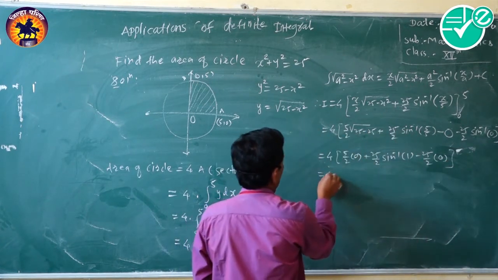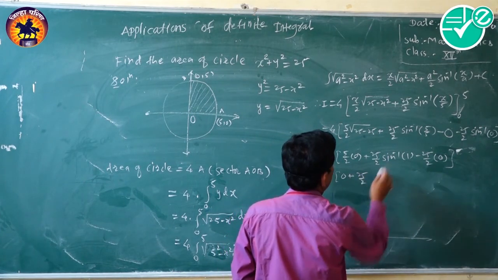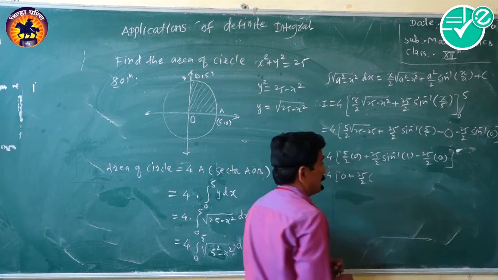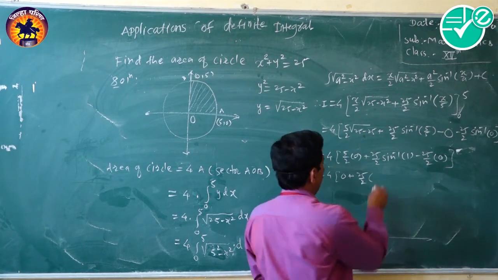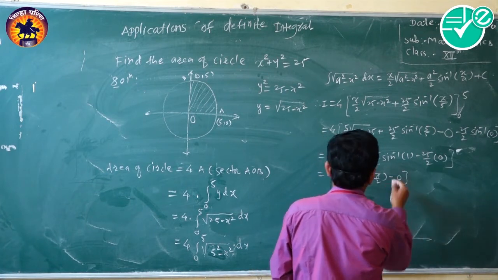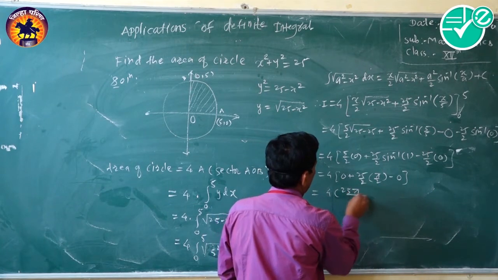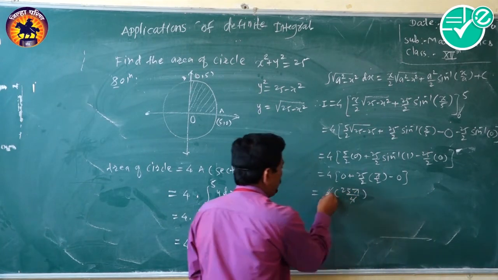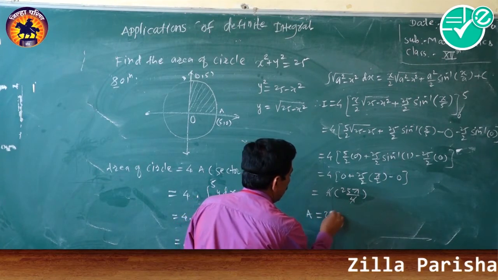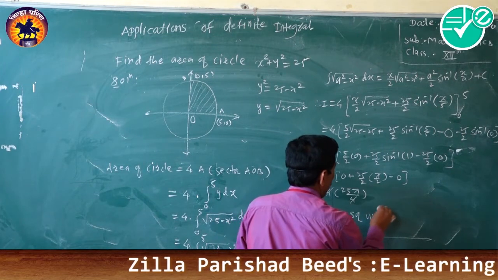Therefore this is nothing but 4 into 0 plus 25 by 2, and sine inverse 1 is pi by 2, because sine pi by 2 is 1. Therefore we get pi by 2 minus 0. This is nothing but 4 into 25 pi by 4. This 4 gets cancelled, and hence area is equal to 25 pi square units.